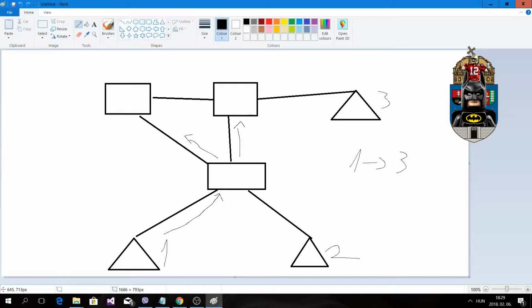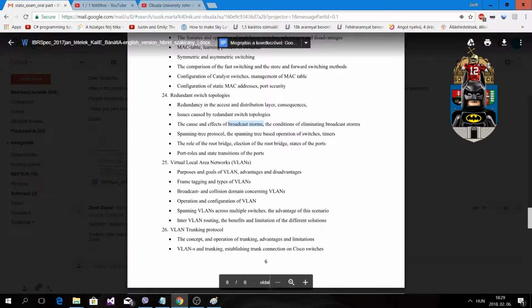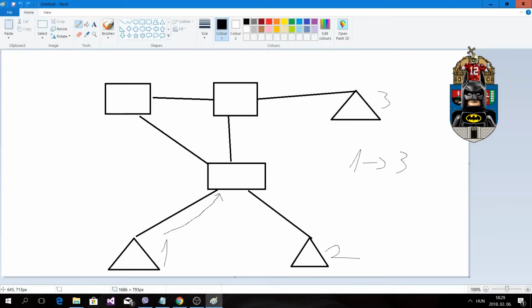So let's go back to our previous scenario. And of course now the solution is the spanning tree protocol, because by implementing it we will get a loop-free network. That means there will be only one logical path from a source to a destination.